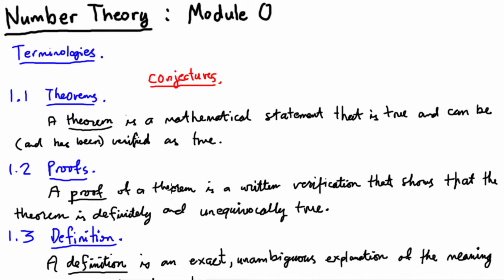A proof of a theorem is a written verification which is unambiguous. It should be understandable and convincing to everyone, and it shows that a theorem is definitely and unequivocally true.